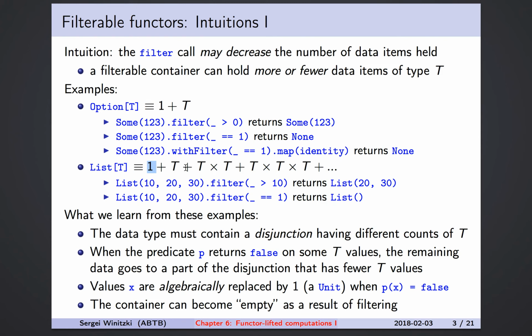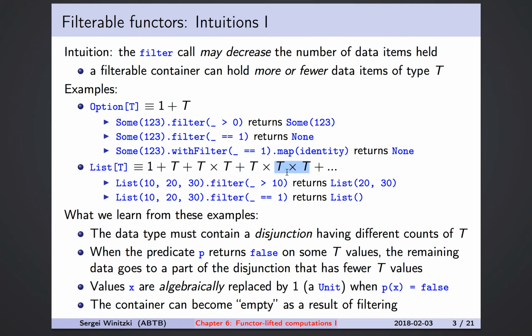So what do we learn by looking at these examples? It looks like the data type must be a disjunction of some sort, or must contain a disjunction maybe somewhere. And this disjunction must have a different number of data items of type T, so that when some data items do not pass the condition, we take data from one part of the disjunction and put it into another part of the disjunction. So for example, here we had 10, 20, 30. Now this one did not pass the condition.